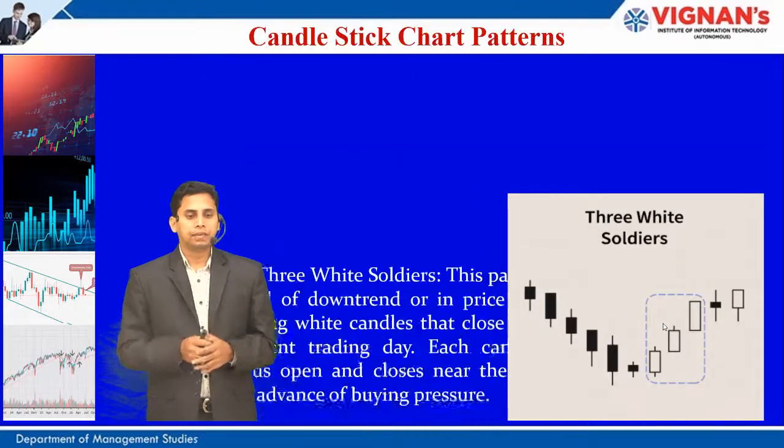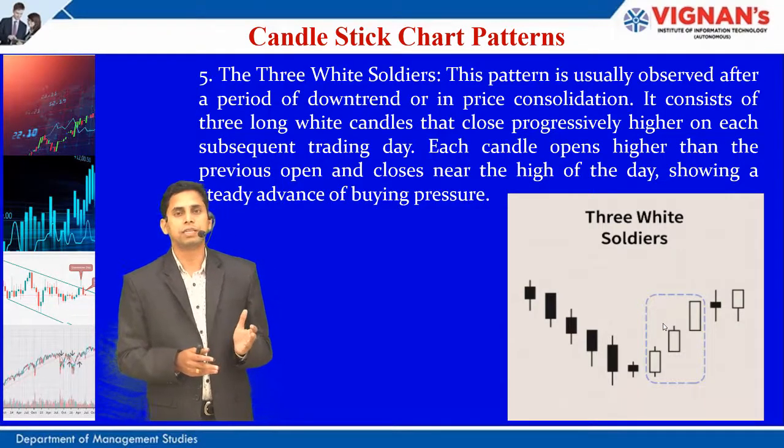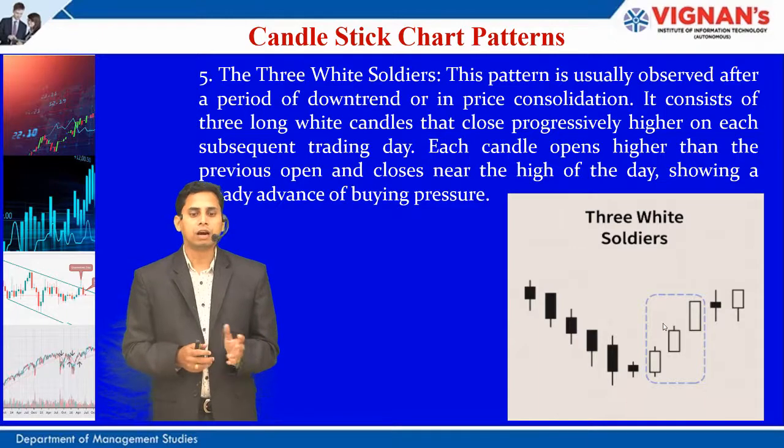And the three white soldiers. The three white soldiers is a combination of three candles. This pattern is usually observed after a period of downtrend or price consolidation. When the price is going in a downward direction, or even when the price is in consolidation, you will be able to see these three white soldiers.